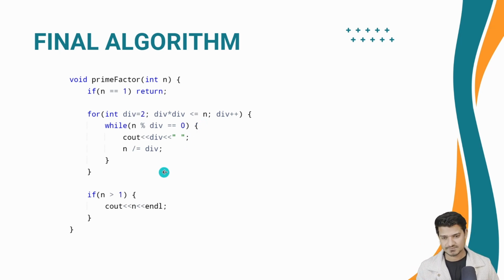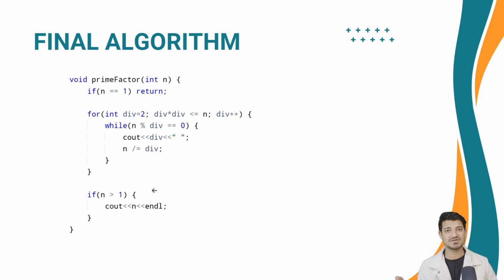What if n is not equal to 1? We are running a for loop till square root of n, so there are only two cases. Either all of the prime factors are up to square root of n, in which case n will be 1. If that is not the case, n will be greater than 1. And if n is greater than 1 after going till square root of n, it itself will be a prime.